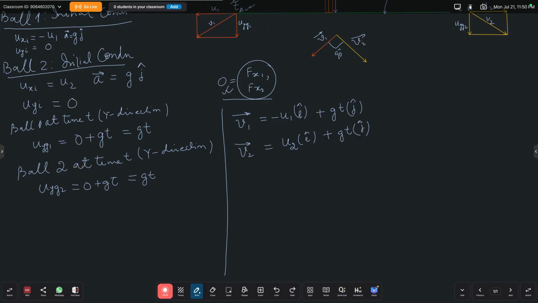If we use the dot product V1 dot V2, we get magnitude of V1 into magnitude of V2 into cos 90. And you know that cos 90 is 0. So that will be a useful equation for us.